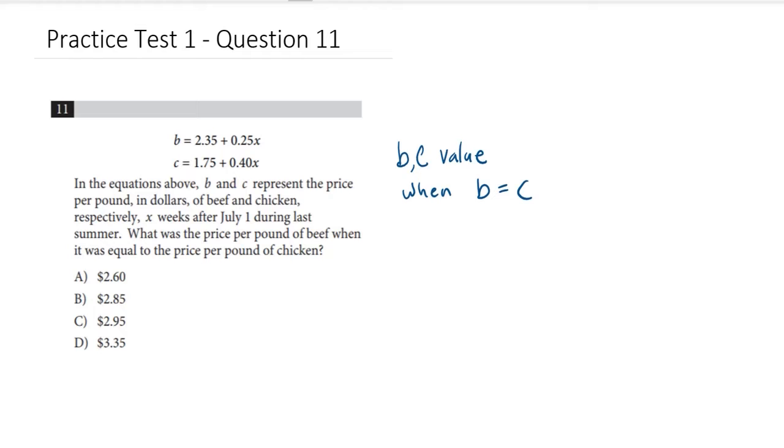So we've got two equations, and that's the relation right now. So we can simply combine these two equations, and make this third equation, which is 2.35 plus 0.25x is equal to 1.75 plus 0.40x.